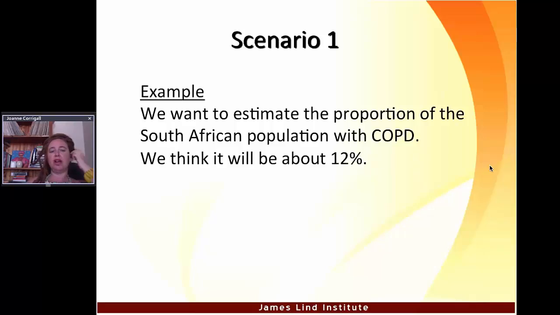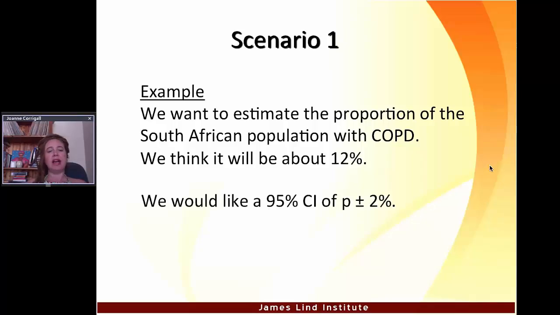So let's say, for example, we wanted to estimate the proportion of South Africans who have COPD, chronic obstructive pulmonary disease. And from the literature, and maybe small studies in the country, we think it will be about 12%. And then we decide we would like a 95% confidence interval that our estimate is accurate within 2%.